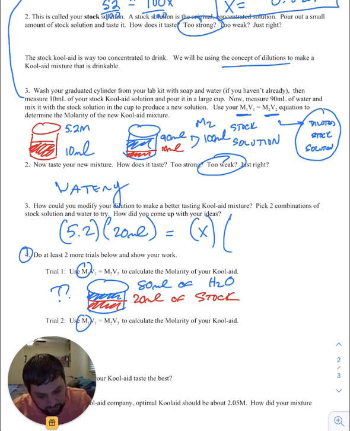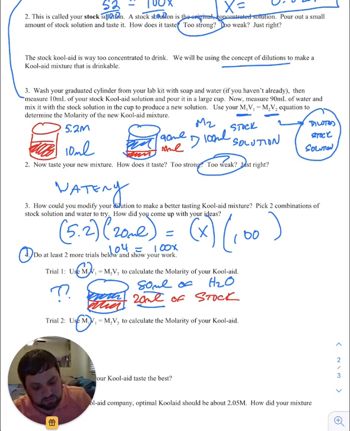Well, as I said, for my second volume, I have to add both the stock solution and the water. So my 20 milliliters of stock solution and my 80 milliliters of water are going to add up to a total volume of 100. And again, just like I did the math for problem number 3, we'll just plug these numbers into our calculator, and instead of 52, right, we're going to get 104 equals 100x.